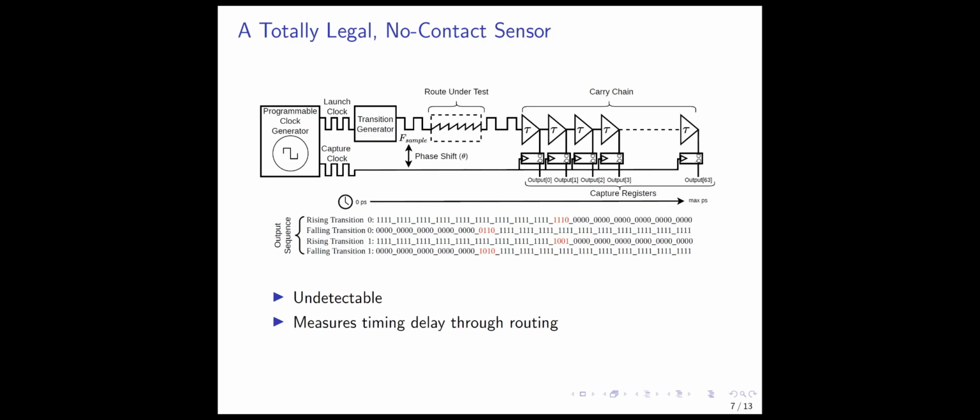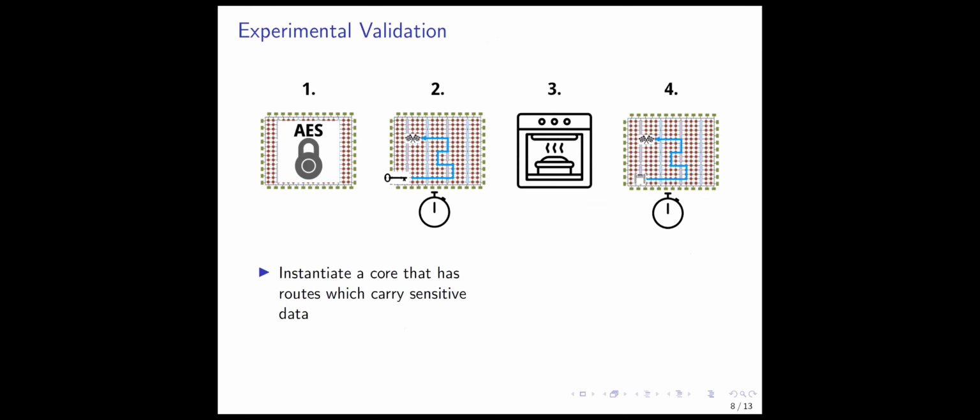Now, to experimentally validate some of these spots, we performed a local experiment where we instantiated the core on an FPGA locally, and that core contains some sensitive data, and that sensitive data is dispersed throughout the design using the FPGA routing. We then let that FPGA sit in an oven at a slightly elevated temperature to bake for a period of time.